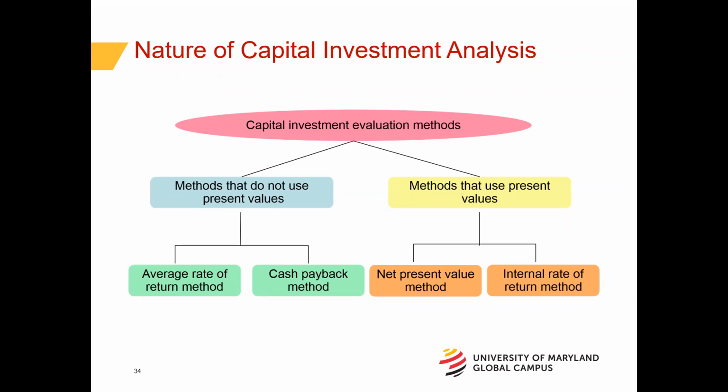And we'll talk a little bit about all of these things. Looking at methods that do not use present value, we talk about the average rate of return or the cash payback methods. Ones that use present value, we look at net present value or the internal rate of return. All of these methods are used when it comes to identifying a capital budget.